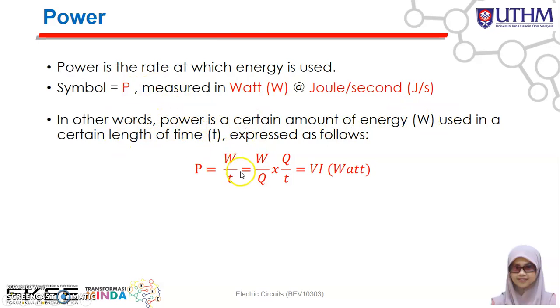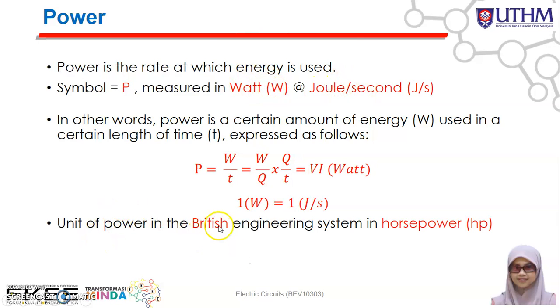W over T. We know that W over T is also equal to W over Q multiplied by Q over T. Here you can cancel Q and Q. W over Q is equal to V, and Q over T is equal to I. So you get P is equal to V multiplied by I, and the unit of P is watt. 1 watt is equal to 1 joule per second.